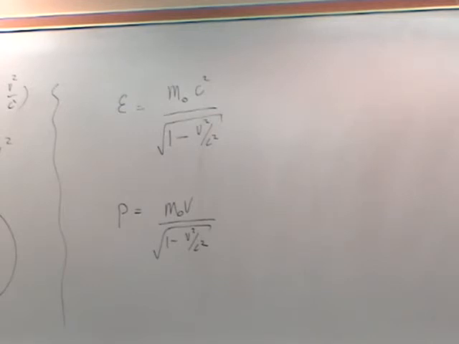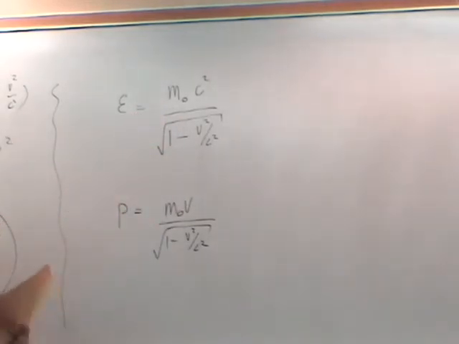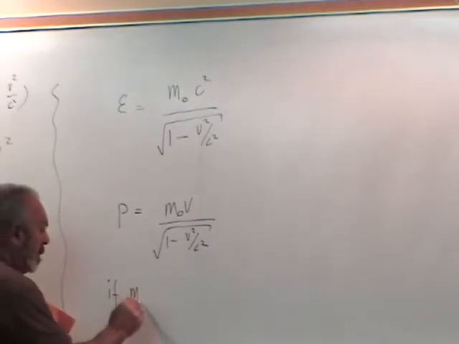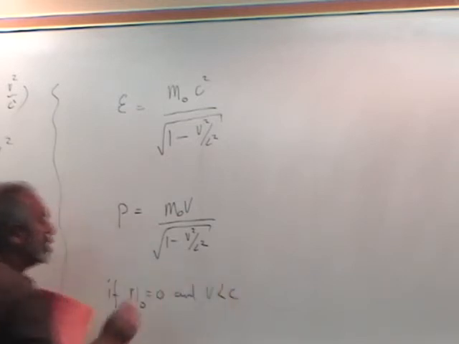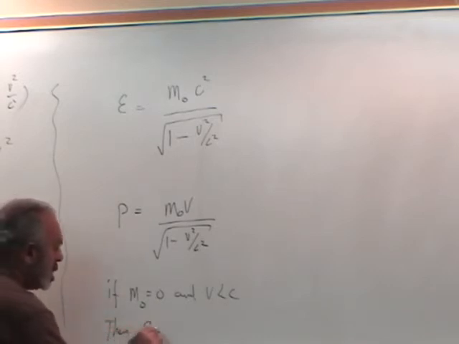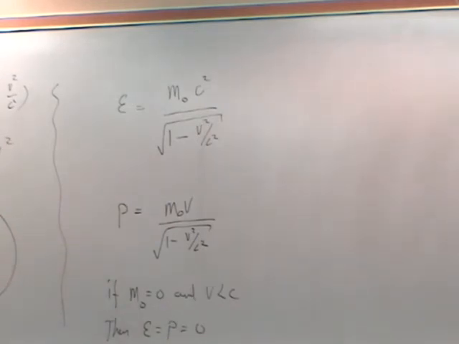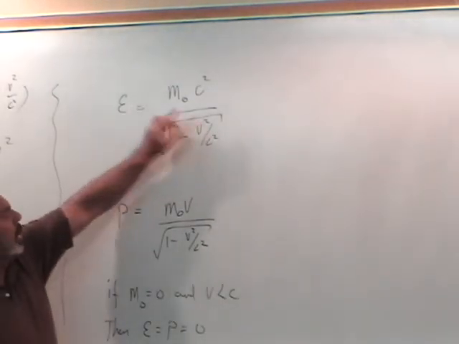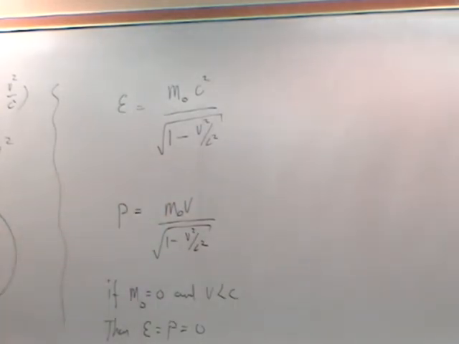Of course, you notice that if m naught equals 0 and v is less than c, then E equals P equals 0. Right? If m naught is 0 and v is less than c, then this is some real number, and that's 0. Likewise. Well, a particle with no energy and no momentum is no particle at all.